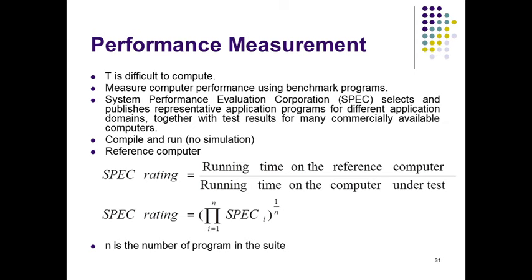In each case, the program is compiled for the computer under test and the running time on a real computer is measured. The same program is also compiled and run on one computer selected as a reference. A SPEC rating is computed as follows. SPEC rating equals running time on the reference computer divided by running time on the computer under test.